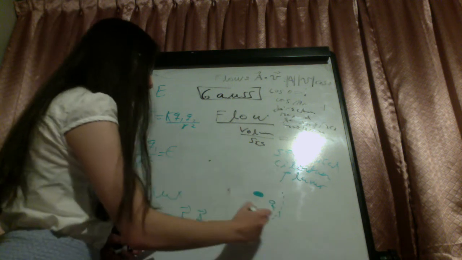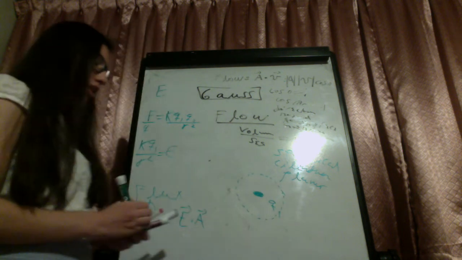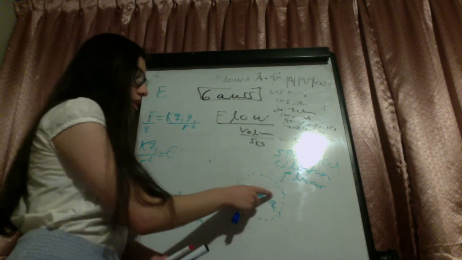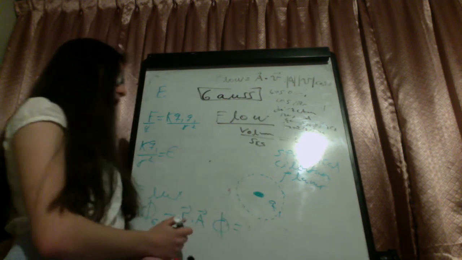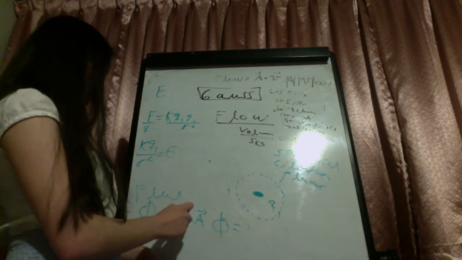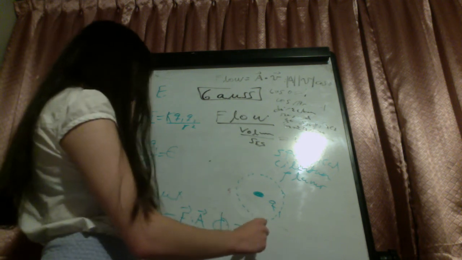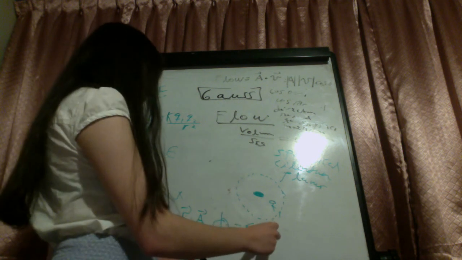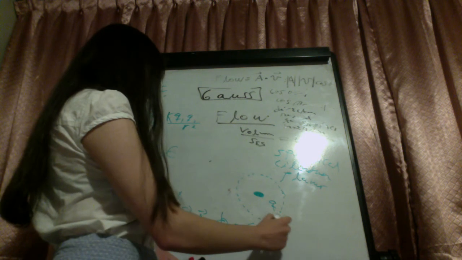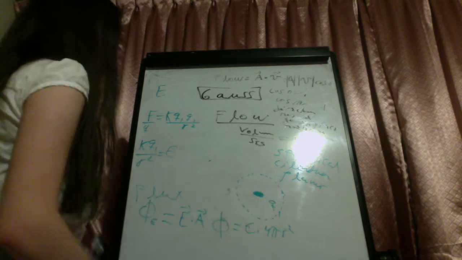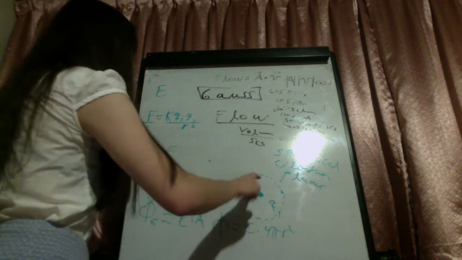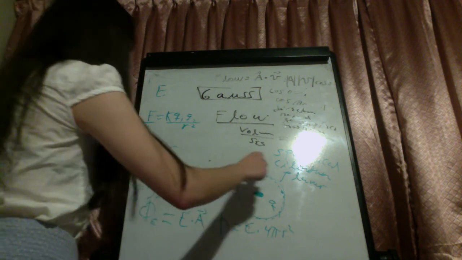So what I would do is I would put a Gaussian sphere, or a Gaussian surface, that is just an imaginary surface, and I say that all the flux that passes through all this sphere would be equal to the electric field times the area of the sphere, that is 4 pi r squared.